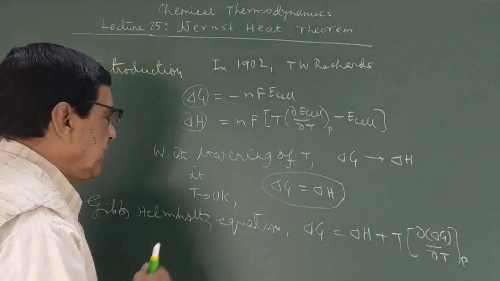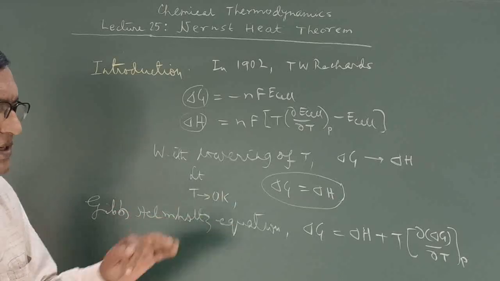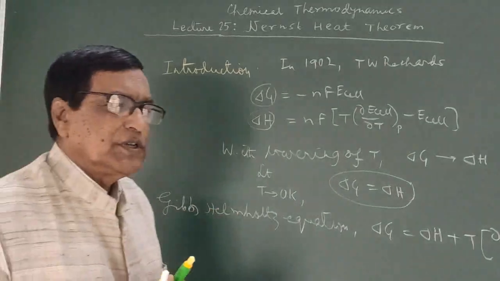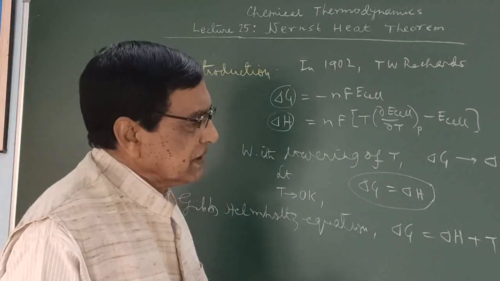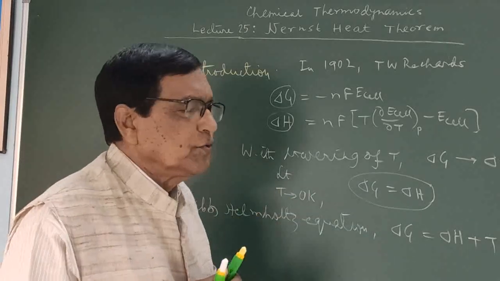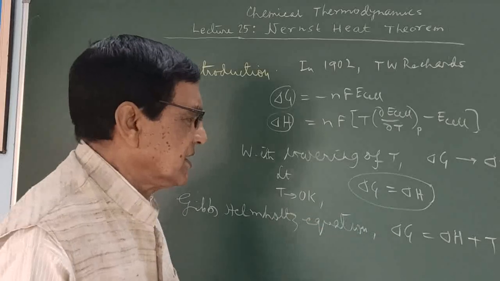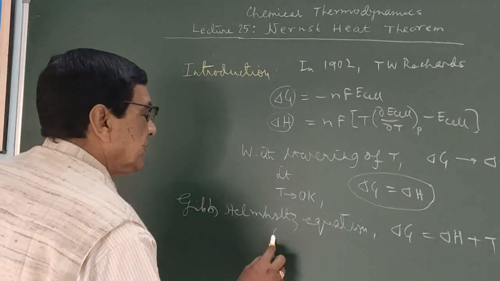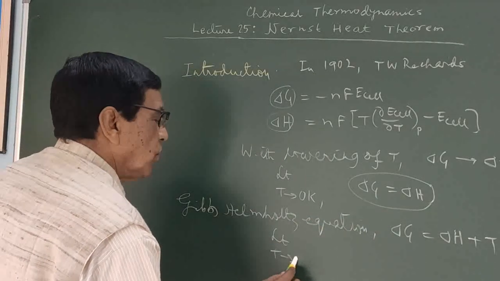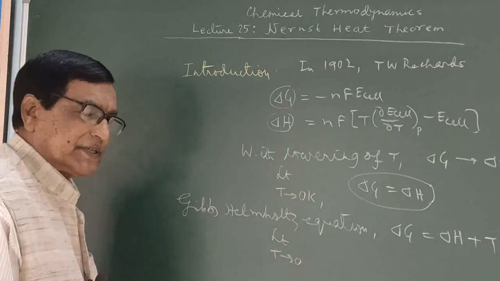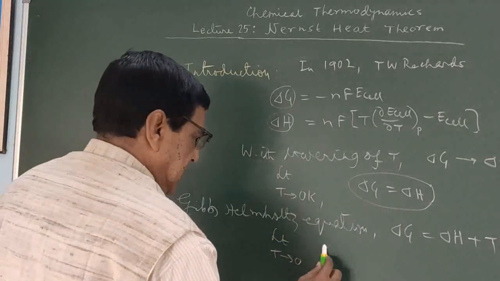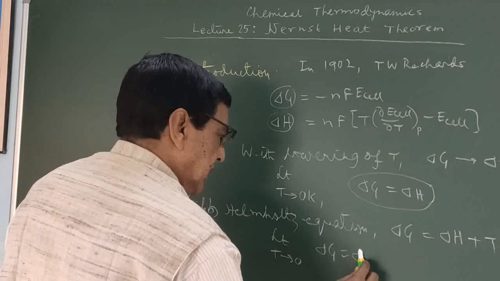This is a very important equation, and the Gibbs-Helmholtz equation actually gives a very important conclusion on the basis of these experimental results. When T tends to 0 or some temperature above, delta G equals delta H.